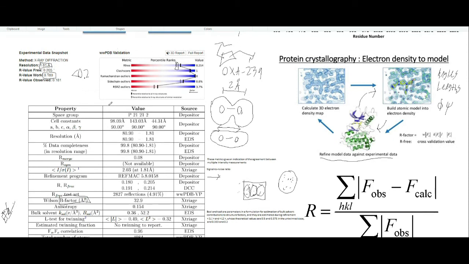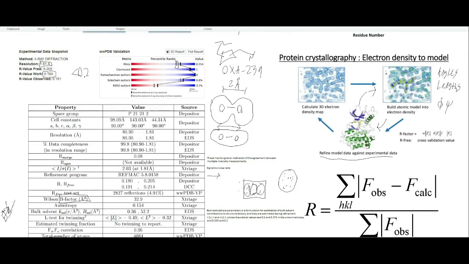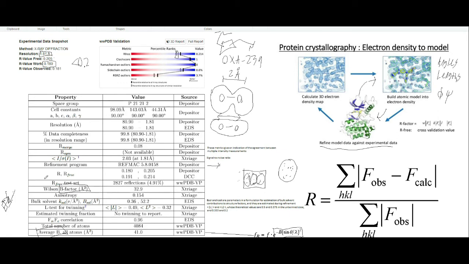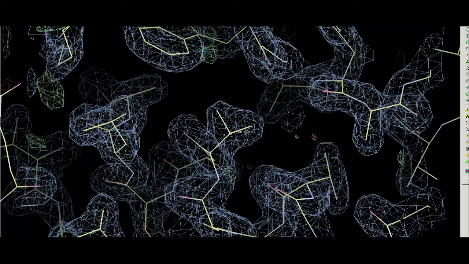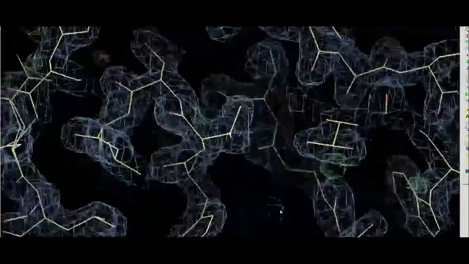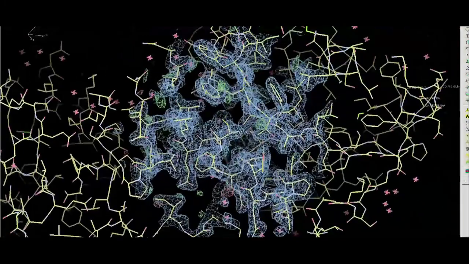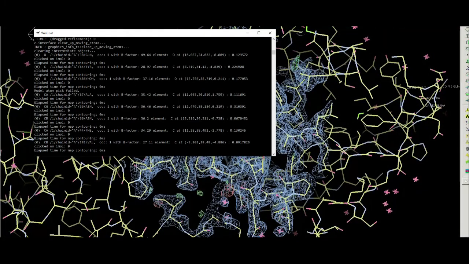It's a database where you upload your structures onto the web so that they are available to other scientists. And all of these validation parameters here are things that you would find on the protein database. And yeah, so that's X-ray crystallography for you.